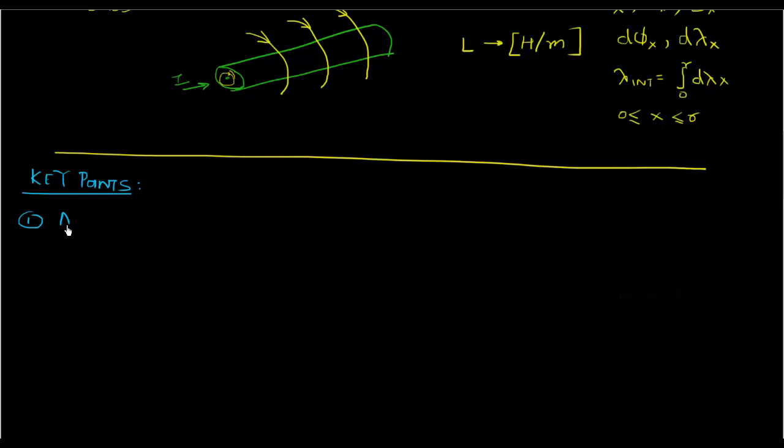The very first one is an assumption we make. The assumption is that the current density J is uniform. We spoke about current density before; it's given by the letter J, and we're going to assume it is constant. Now, if you remember our discussion from skin effect, we know this is not 100% true.